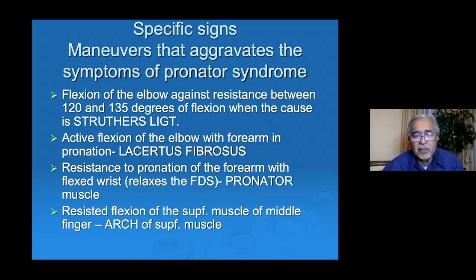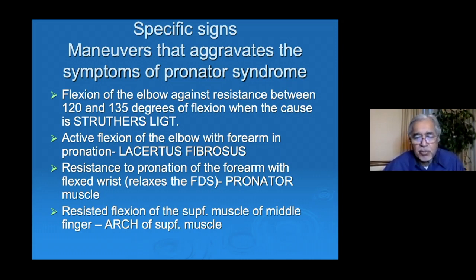Active flexion of the elbow with the forearm in supination, if that elicits pain and tingling numbness, this is from lacertus fibrosus, mid-elbow kind of stuff. Now, pronator muscle compression: resistance to pronation of the forearm with flexed wrist, you have just made the pronator muscle tight, creating more compression.